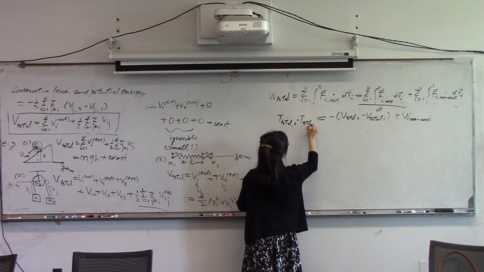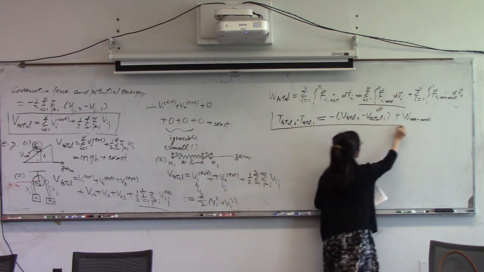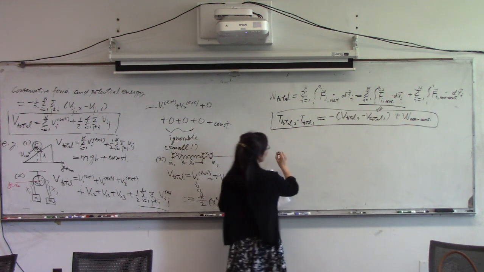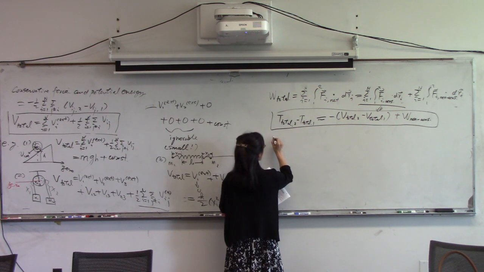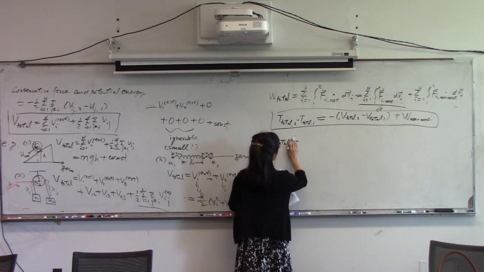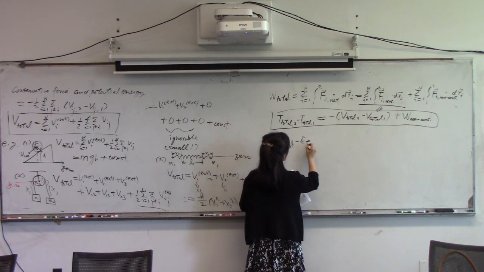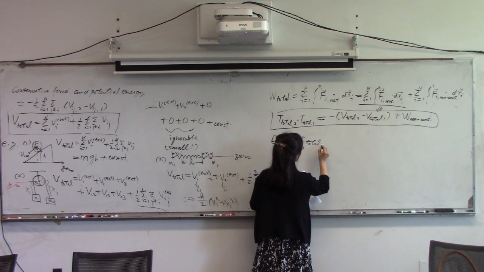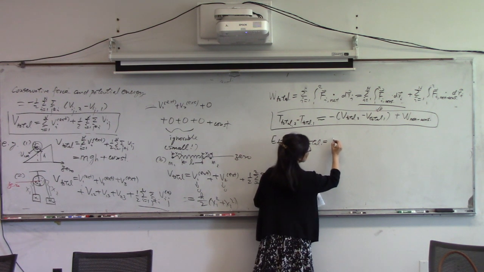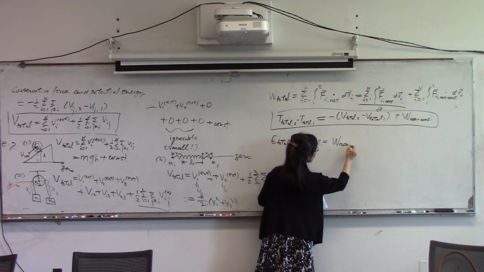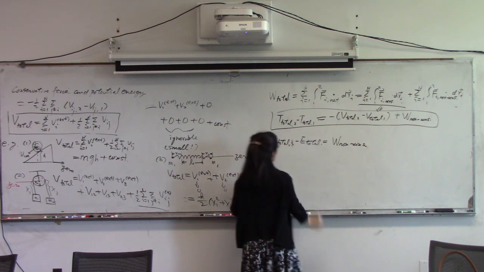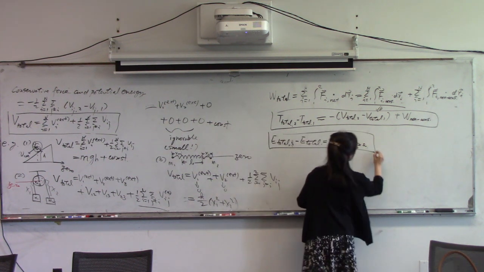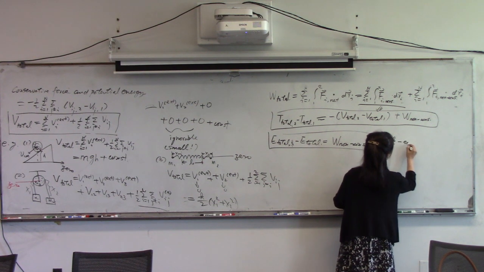K total at 2 minus total K at 1. So if we move the total potential to the left-hand side, we have E total, the total energy at position 2 minus the total energy at position 1, which is equal to the work done by the non-conserved force. This is the work-energy theorem.